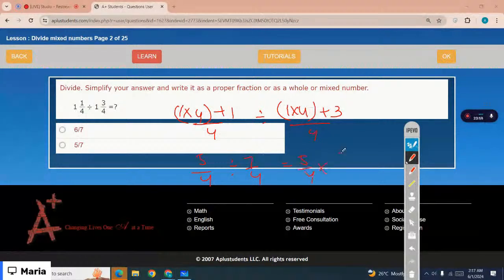Change the division sign to multiplication and take the reciprocal of the term after. The 4 and 4 cancel out. You are left with 5 by 7.